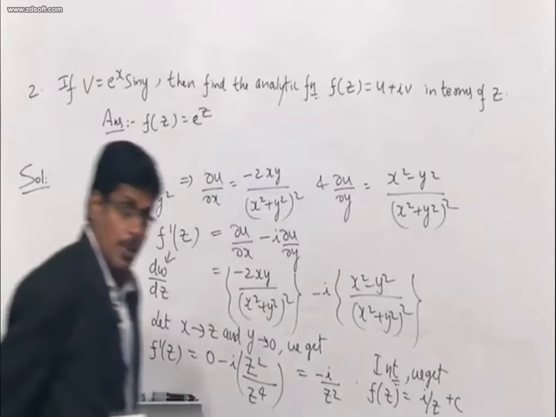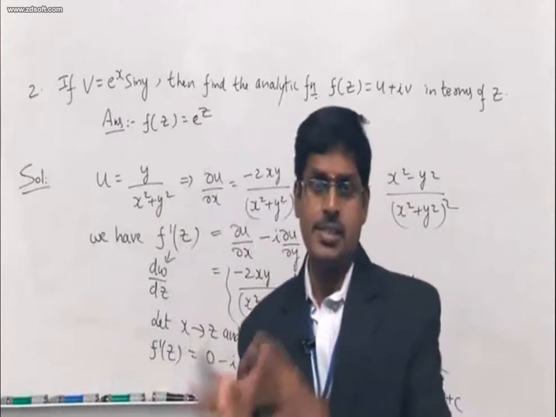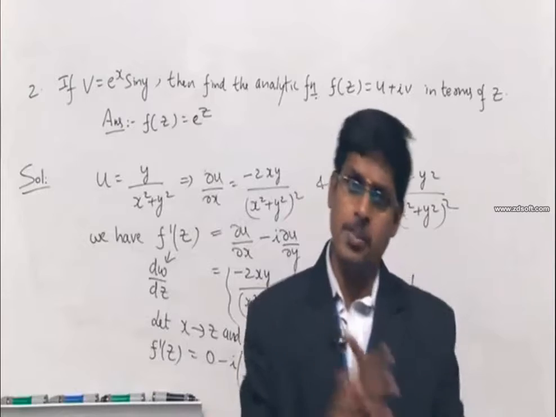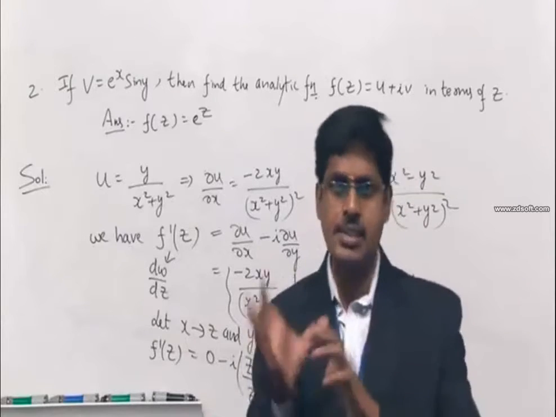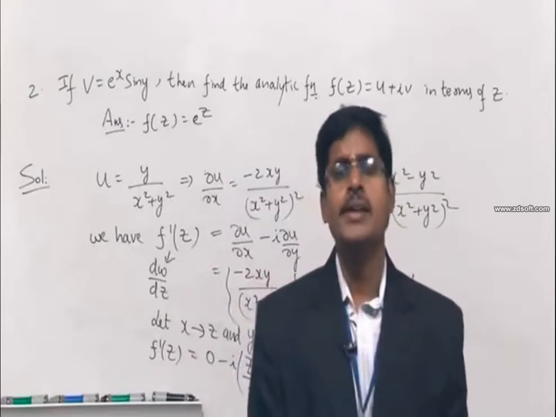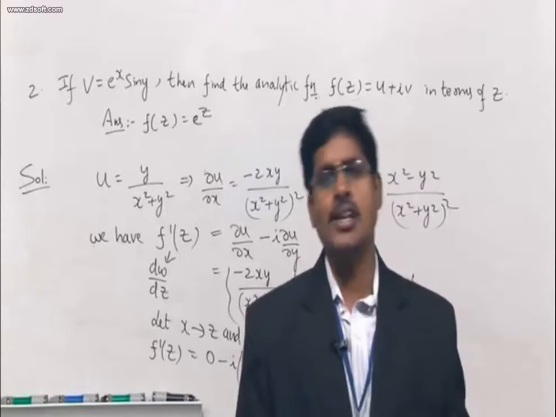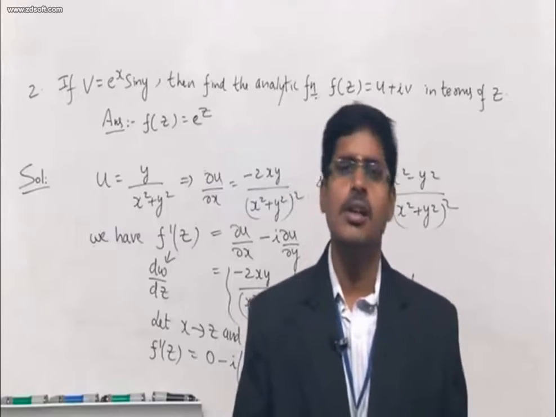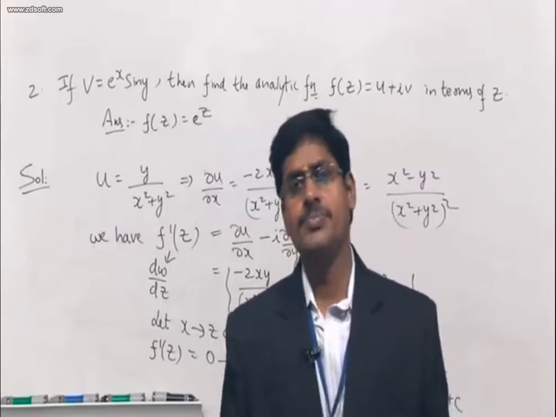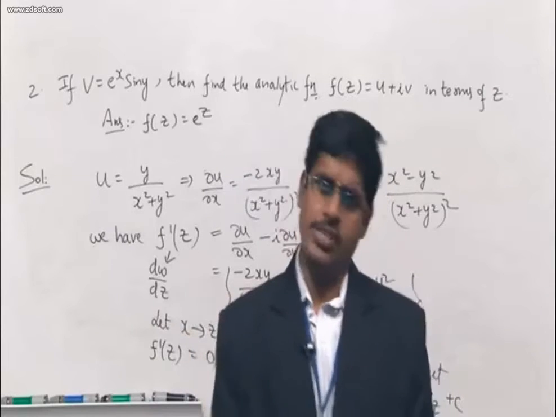And remember one important point: whenever f of z is equal to u plus iv is analytic, the real part represents some family of curves and the imaginary part represents another family of curves. After taking both u and v equal to some constant, they intersect orthogonally to each other. That is, u is equal to some constant is an orthogonal trajectory of v is equal to another constant, and vice versa.